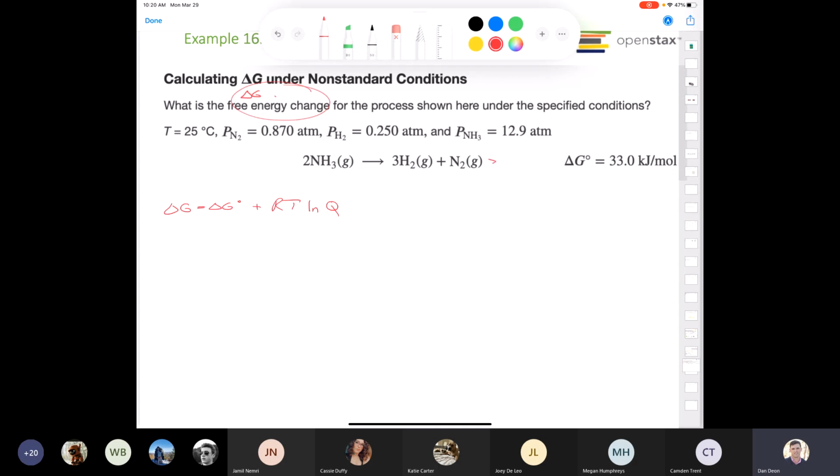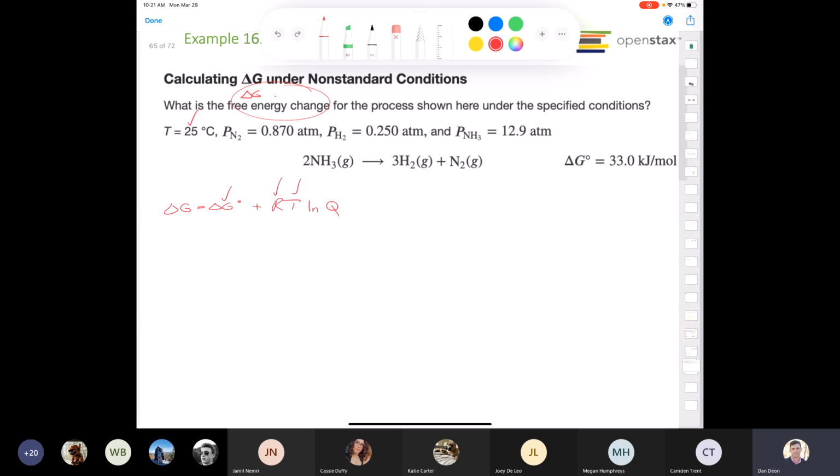We have 2 moles of ammonia decomposing to give you 3 moles of hydrogen plus a mole of nitrogen, and they've given us the standard free energy change. So we've got the delta G naught. We know what R is, it's a constant. We know the temperature. All we need to do is figure out what Q is.